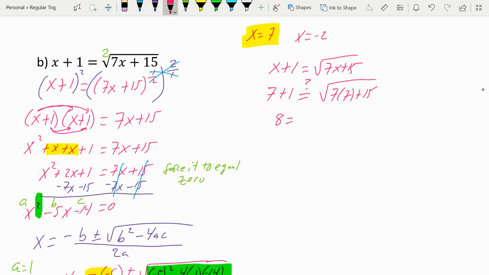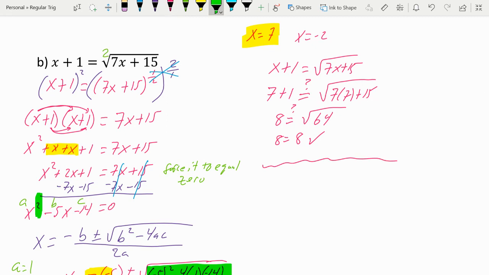And then grab your calculator, 7 times 7 plus 15. Plug that in, you end up with the square root of 64, and the square root of 64 is 8. So does it work? Yes, it does. Left side and the right side both equal. Let's try the next one.